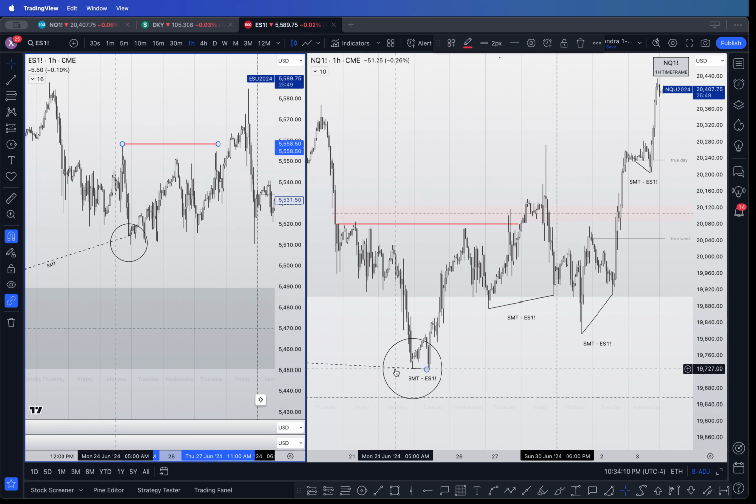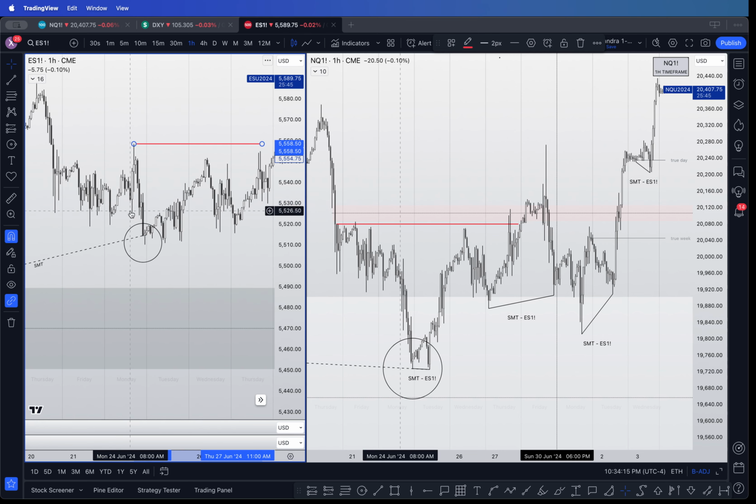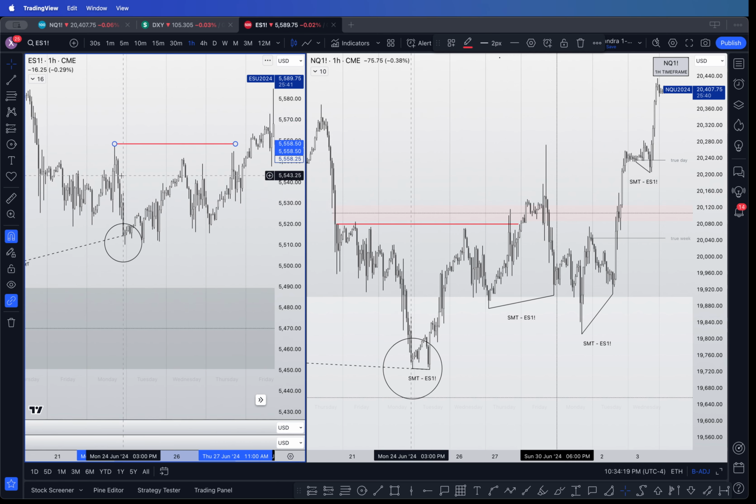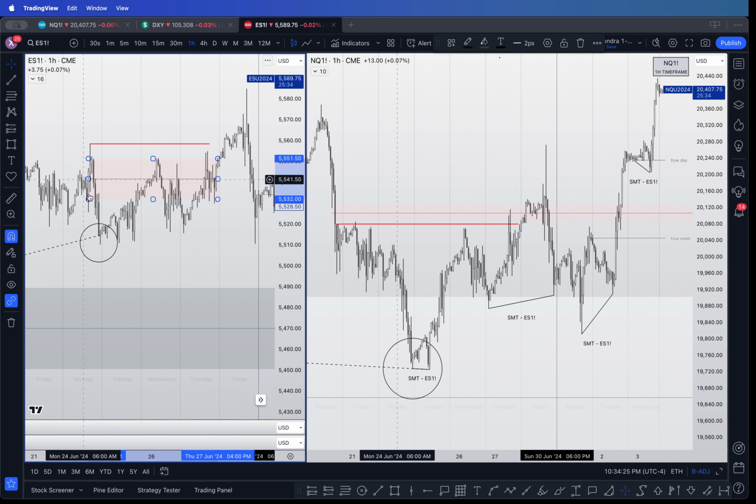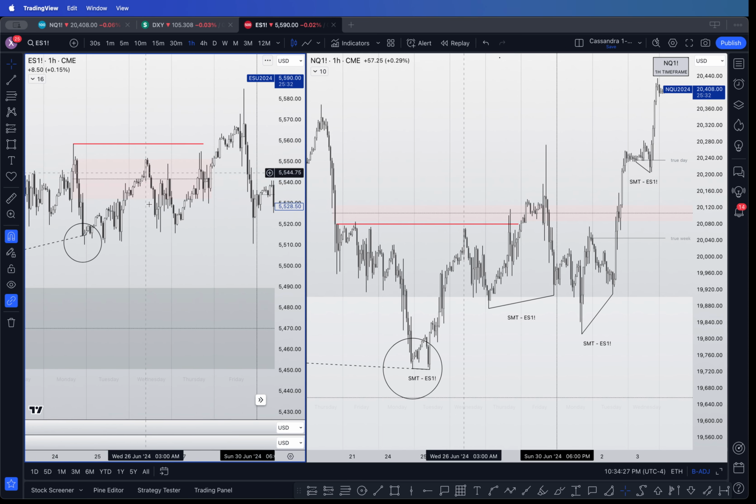Now, NASDAQ did not form a breaker. ES formed a low, a high, a lower low. So that means that it has to trade through this high resistance area of price, this order block, and then this breaker to the left of it. Look at how ES struggles repeatedly to come into this high resistance liquidity.